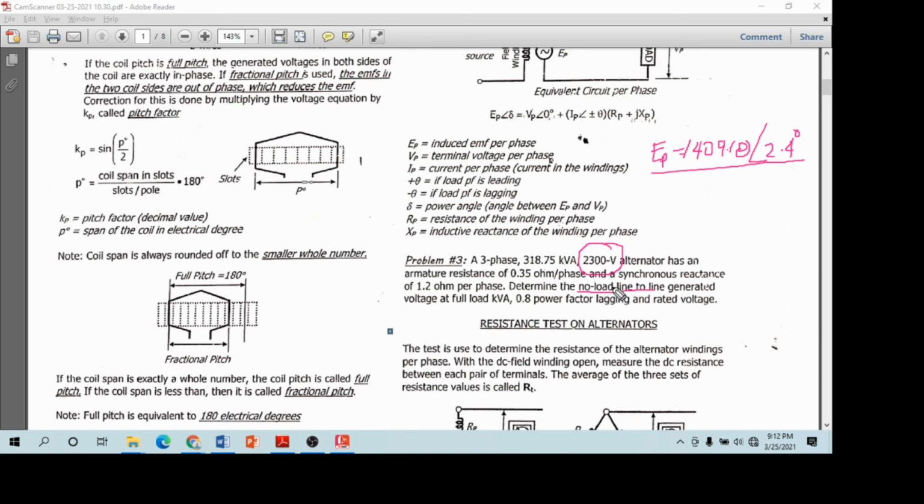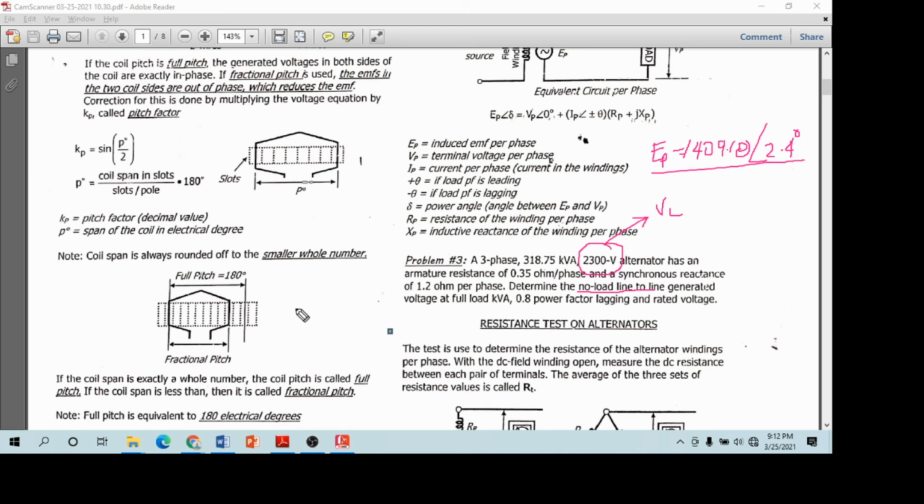What will happen? So meaning, at full load, this will be received by the load terminal of your load, I mean.